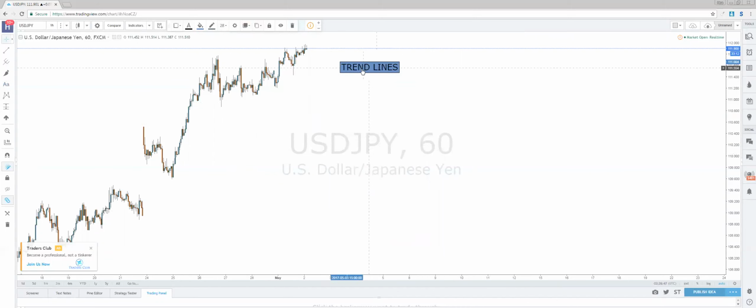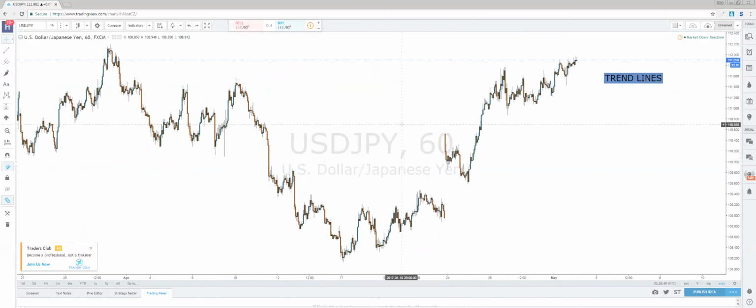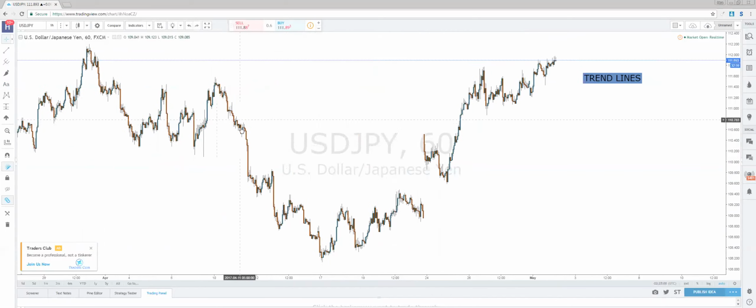Okay, so in the market, what you're looking at right now is called a naked chart. Pretty much what a naked chart means is that it only has the price action, which is this chart here, and no use of indicators.